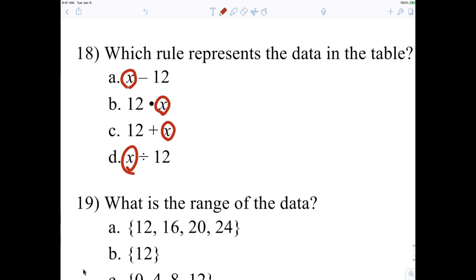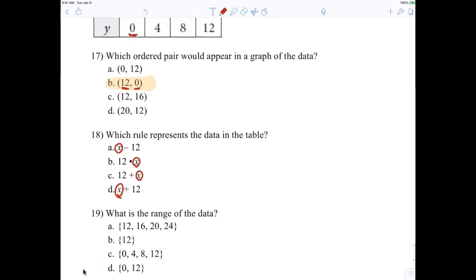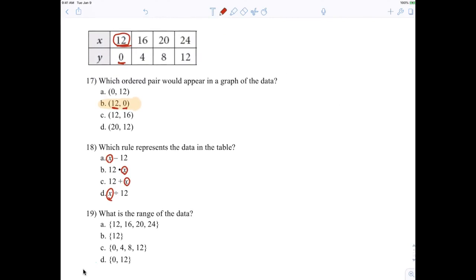If I put 12 in for A, what's 12 minus 12? Is that the answer? It could be possible. What's 12 times 12? 144. Is that 0? So it can't be B. What's 12 plus 12? So it can't be C. And of course, 12 divided by 12 is 1, so that's not the answer.